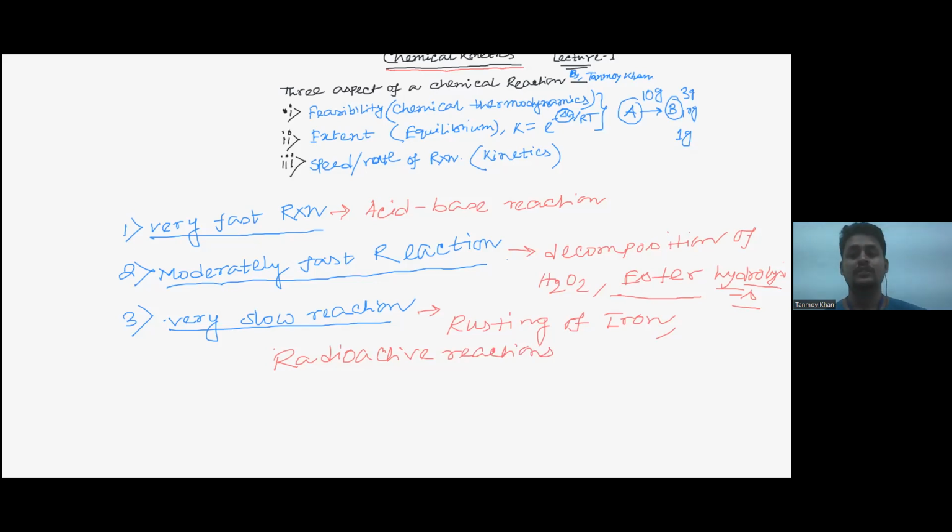If you recall radioactivity problems, the half-life is normally given as 35 days or 200, 2000 days. With the help of radiocarbon dating, people normally find out the age of a stone or a fossil. So radioactive reactions are such. These are some examples of how fast a reaction will be.